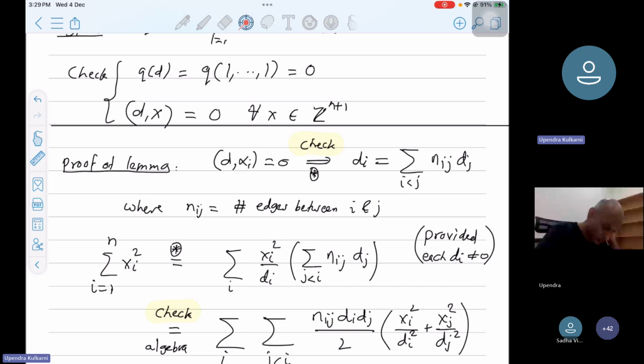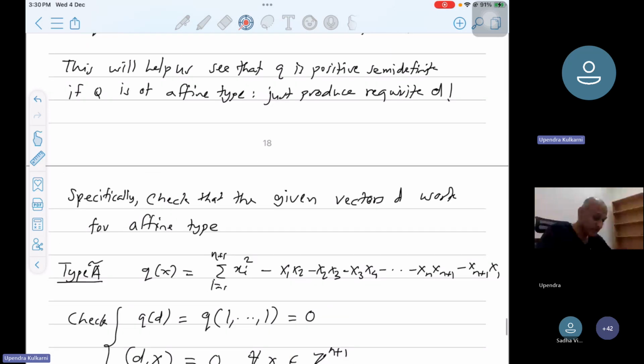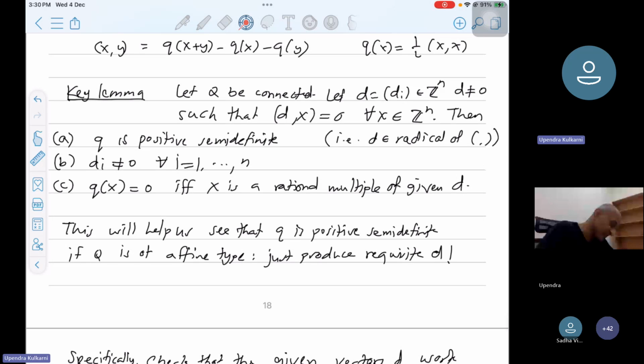So somehow I want to deduce from this equation over here that if some di is 0, then all the neighboring dj's also have to be 0. And by connectedness of the quiver, that means that everything will have to be 0. But I assumed that the vector d was non-zero. So why is this the case?